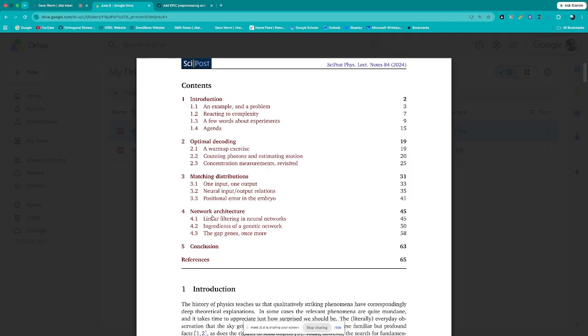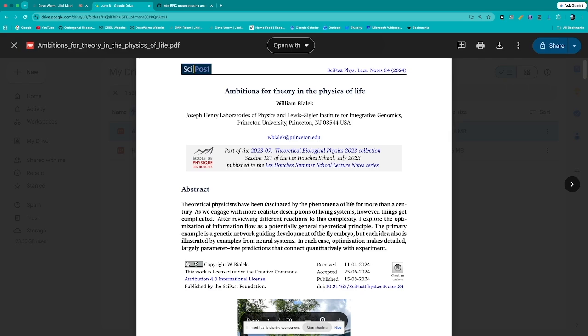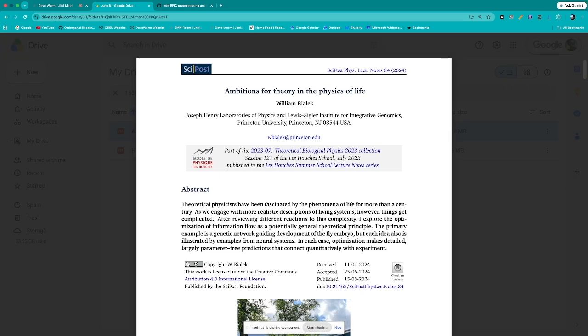And then network architectures. So the abstract reads, theoretical physicists have been fascinated by the phenomena of life for more than a century. As we engage with more realistic descriptions of living systems, however, things get complicated. After reviewing different reactions to this complexity, I explore the optimization of information flow as a potentially general theoretical principle.